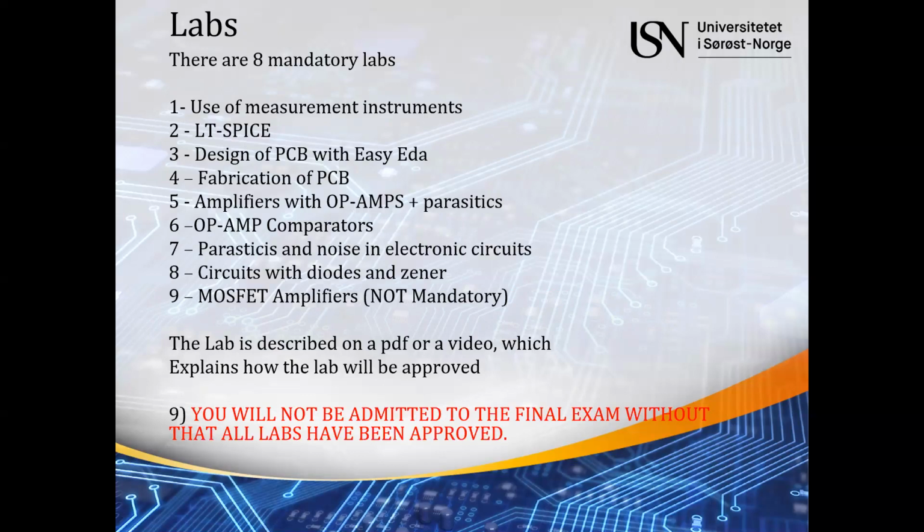But number 4, you definitely need to come to the lab because there will be the fabrication part, and you need to fabricate a PCB, a printed circuit board, based on the design that you did in lab 3. Lab 5 is about operational amplifiers, lab 6 also.